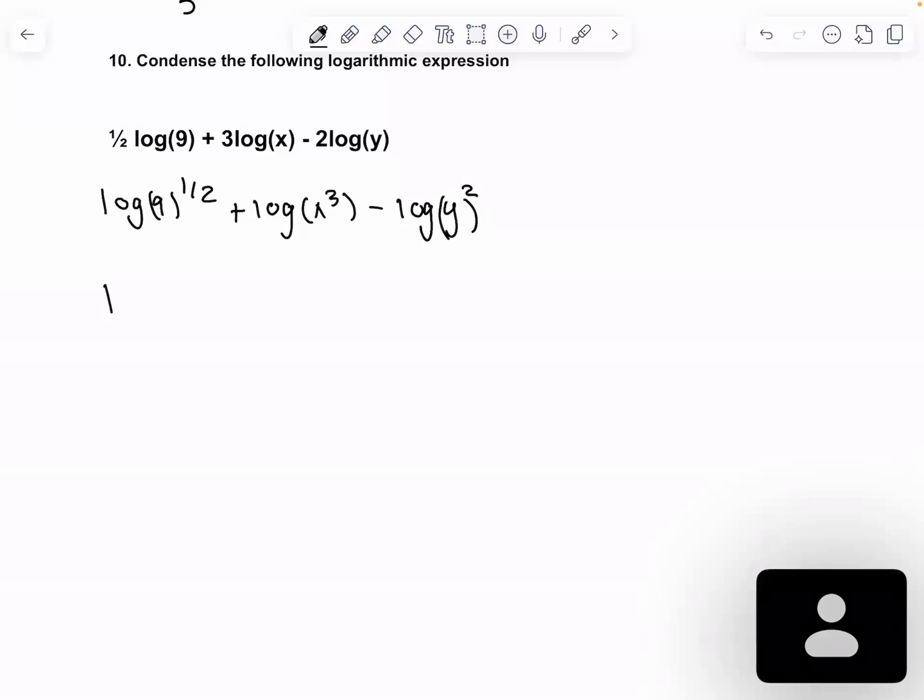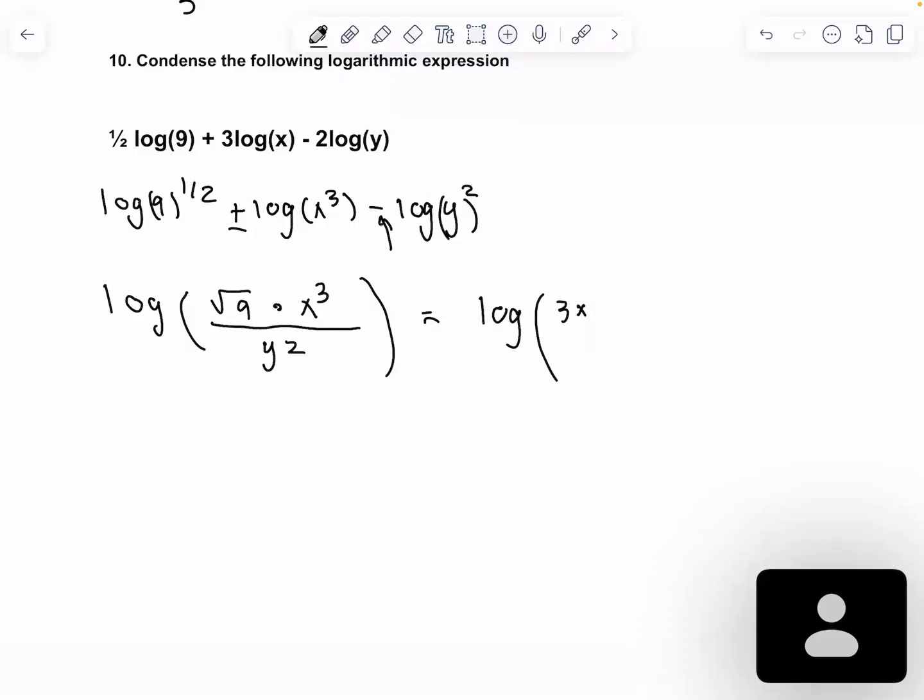So really what I have here is log, I have plus, so these are multiplication. So that's the square root of 9 times x cubed, because these 2 logs were plus. And then this one will be on the bottom because it's minus. So on the bottom I have y squared. And I can simplify square root of 9. This is log 3x cubed over y squared.